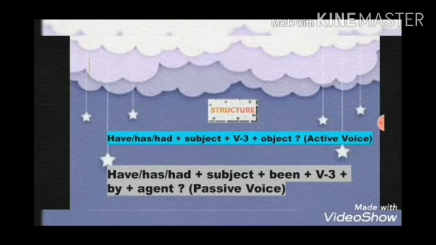And already I told you every sentence ends with a question mark. In passive voice, have or has or had plus subject plus been plus verb 3 plus the preposition by plus agent, and it ends with a question mark in passive voice.